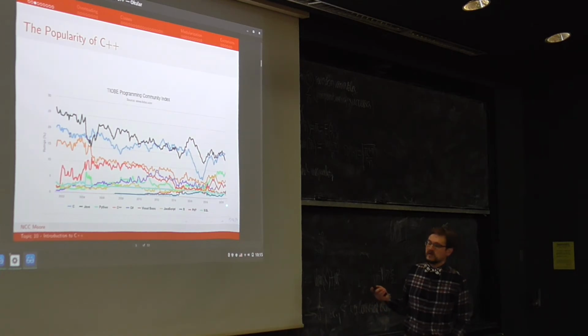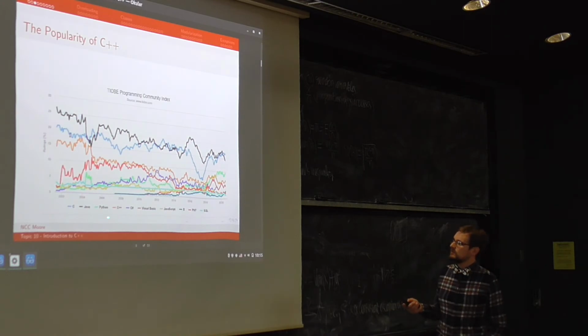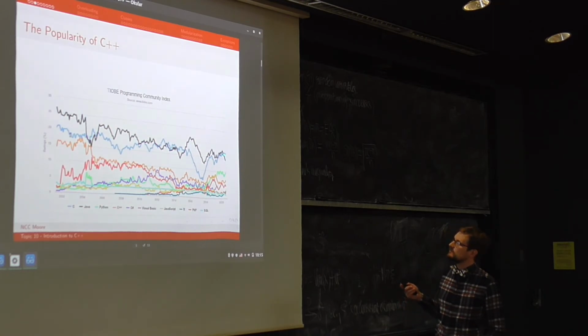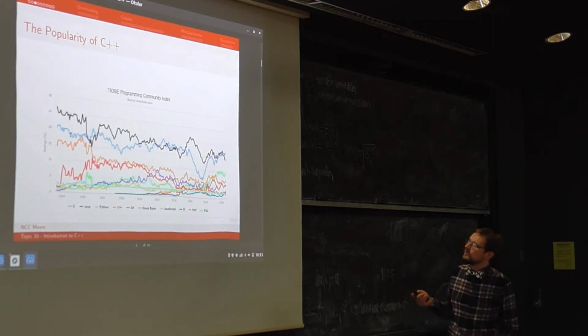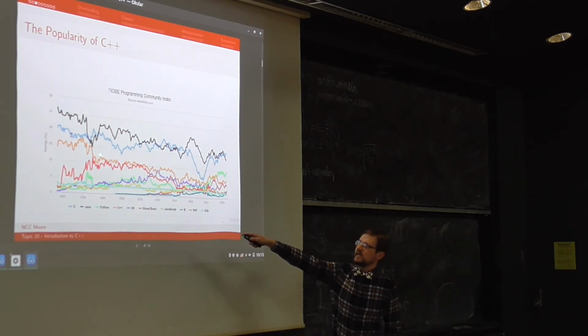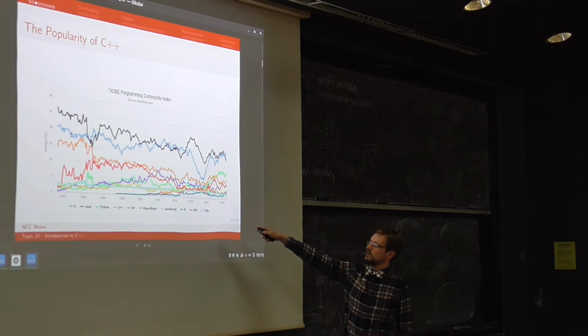So this is from a couple of years ago. Incidentally, I think I showed you this in class, my most hated language is now the number one programming language in the world. But C++, you can see, has been relatively popular for 20 years.